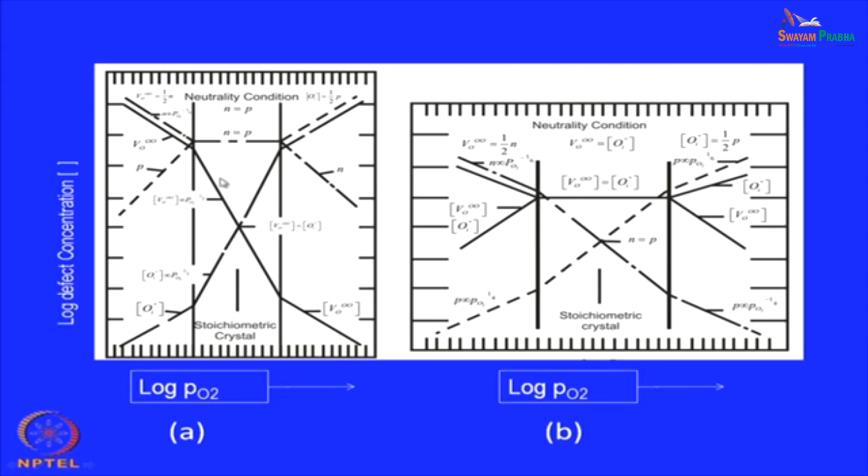The difference between this diagram and this diagram is, you can see here the oxygen vacancy and oxygen interstitials are the same in this flat region. This is the PO2 independent region, okay. This is the PO2 independent region where the compensation is ionic compensation, whereas here it is also PO2 independent, this small region, but the compensation is electronic compensation, right.